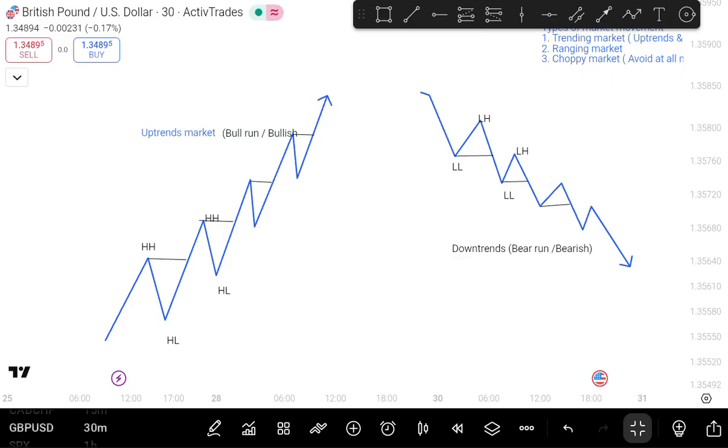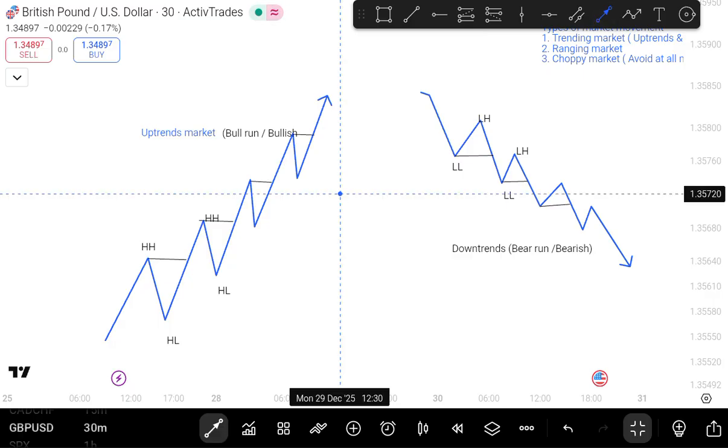For the uptrend, you are going to be having higher highs, higher lows, higher highs, higher lows. To confirm the continuation of the uptrend, the market after the retracement needs to keep breaking the highest high of the market.